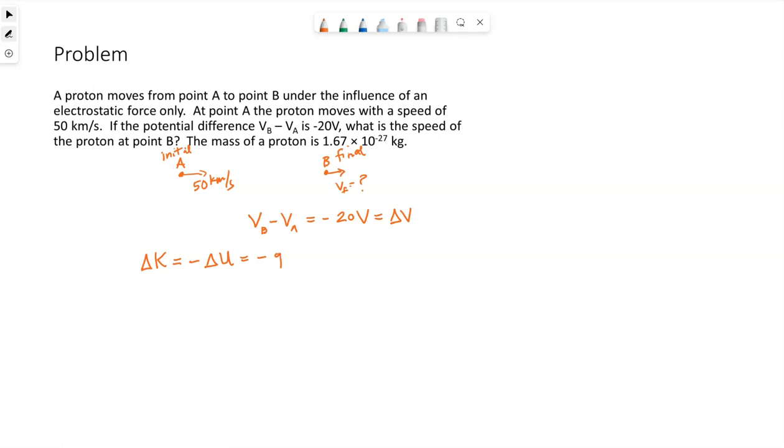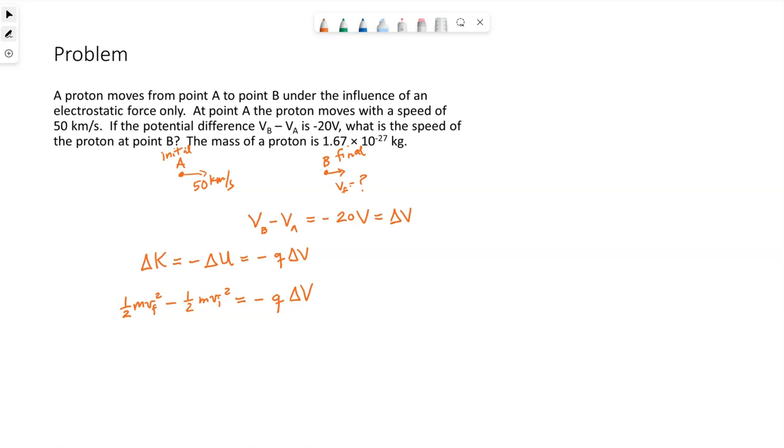We know potential energy, for electric potential energy anyway, is Q delta V. So we can put in 1/2 mv final squared for the final kinetic energy. Delta K would be the final kinetic energy minus the initial kinetic energy. And again, I'm writing my v's for speed somewhat cursive-y so that I do not confuse them with my V for voltage or electric potential.